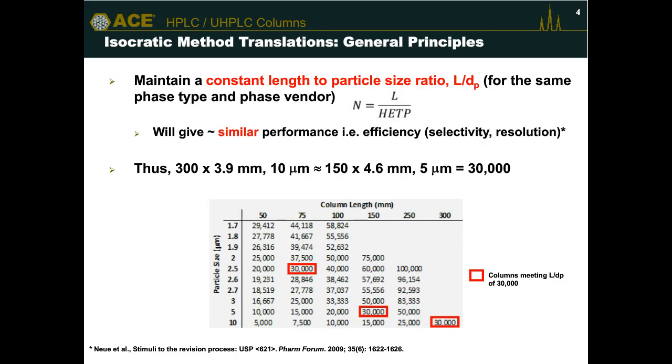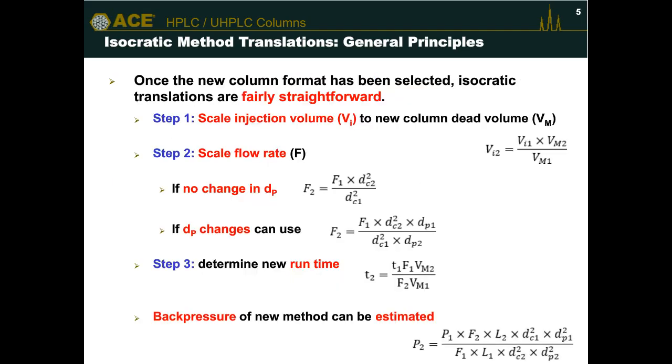So there are things we need to consider in our actual method. The first one is to know the volume of our column. So we can experimentally derive the column volume, or we can estimate column volume. And this is going to be dependent on whether you have a fully porous particle or a superficially porous particle column as well.